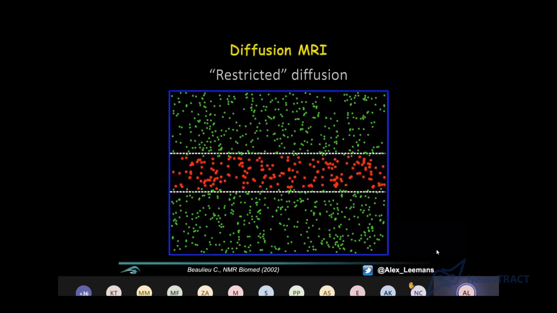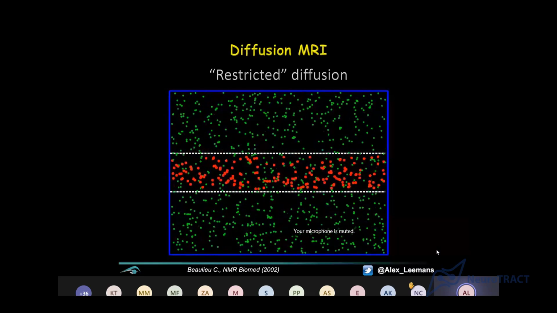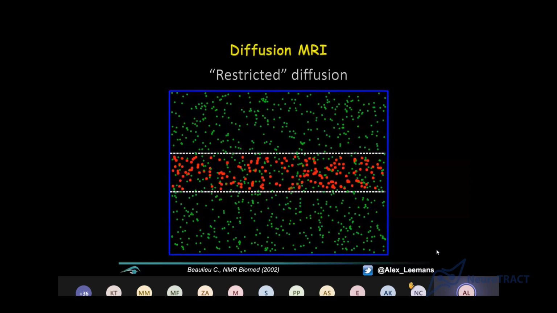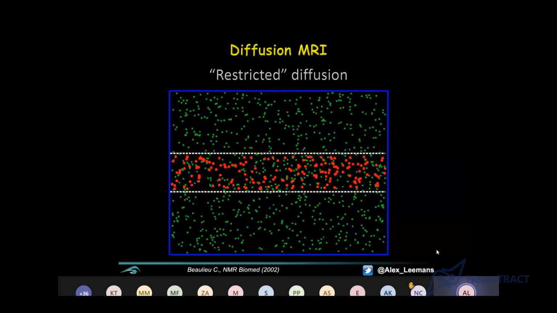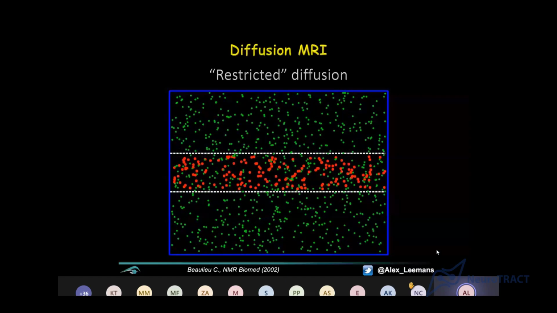Restricted diffusion, on the other hand, if I now start the animation, these red particles will stay within those boundaries that I'm showing you here. So restricted diffusion means that you'll typically see anisotropic diffusion, like with the red particles that you can see now, but they will not be able to cross the barriers. So it's highly anisotropic. Well, in this case at least, right?